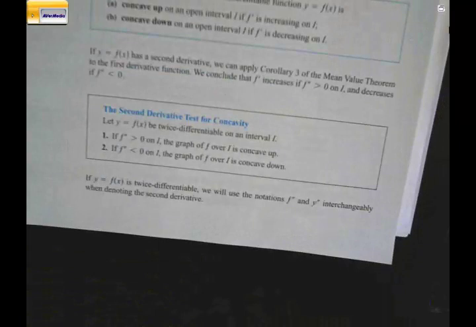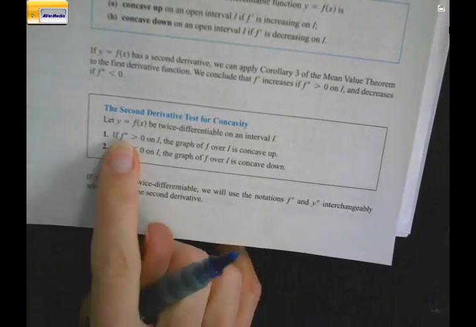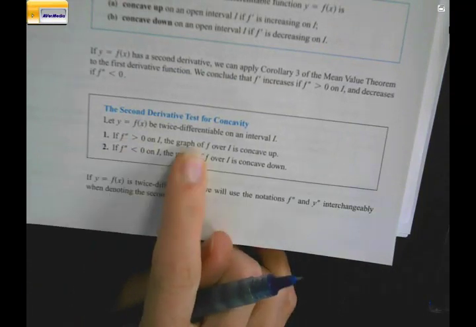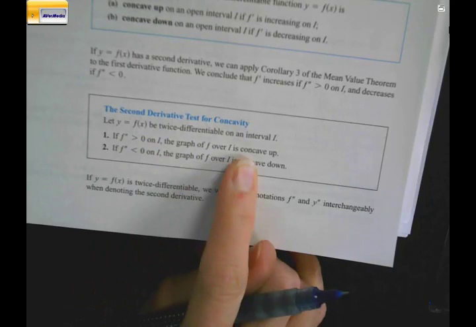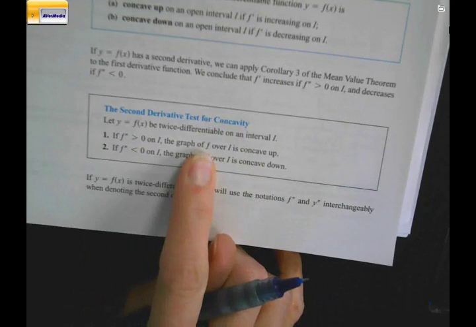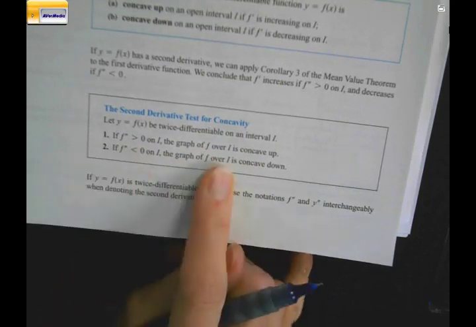Let f of x be twice differentiable, which means let the second derivative exist. If f double prime, if the second derivative is greater than 0, that means if the second derivative is positive, then f is concave up. If the second derivative is positive, then the original graph will be concave up. If the second derivative is negative, then the graph will be concave down.